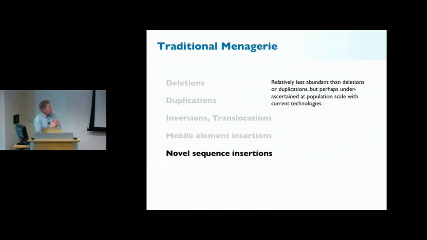This tends to be relatively less abundant than deletions and duplications. I think overall what we see is copying and rearrangement of existing human DNA, not massive gene transfer from other organisms or something like that. Although, if that was happening, it would be a difficult kind of variation to detect, especially across the whole population.